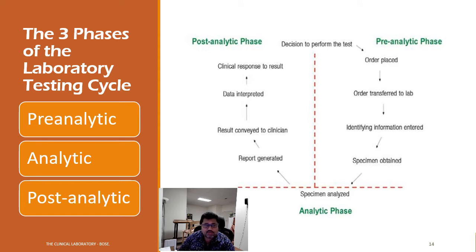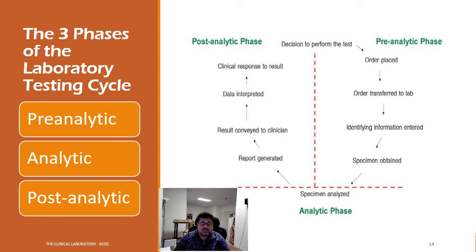So the pre-analytic phase deals with the patient's preparation, sample collection, and sample transport, all of which offer potential pitfalls in failure of a good sample reaching the laboratory. It is strongly recommended to standardize all of the above processes with strict guidelines.